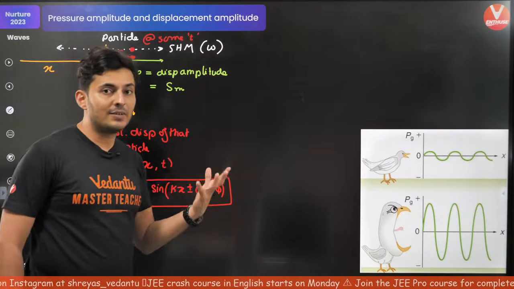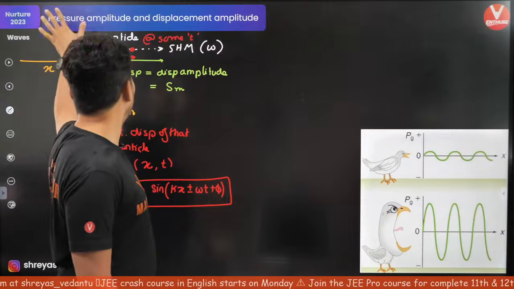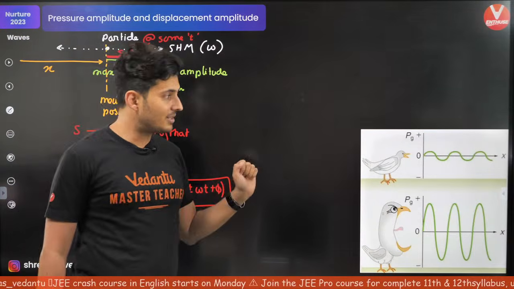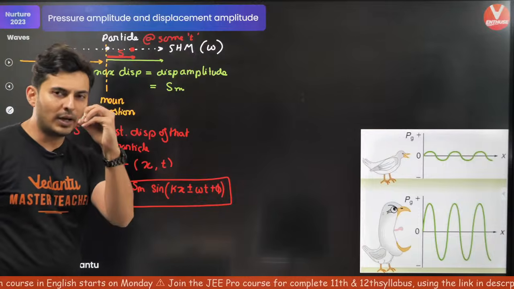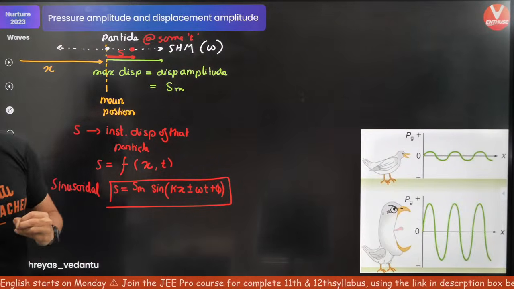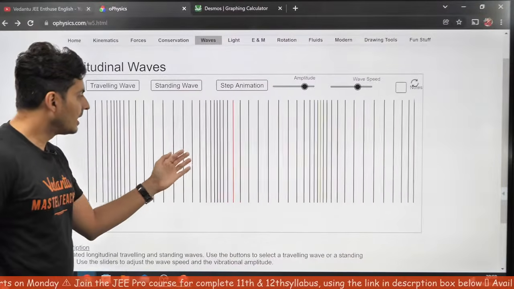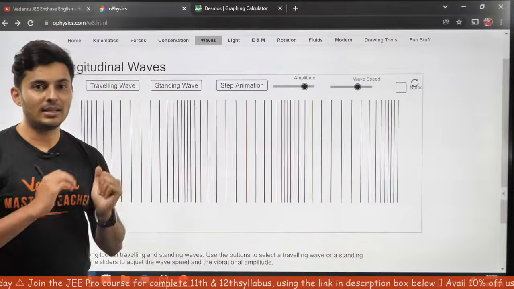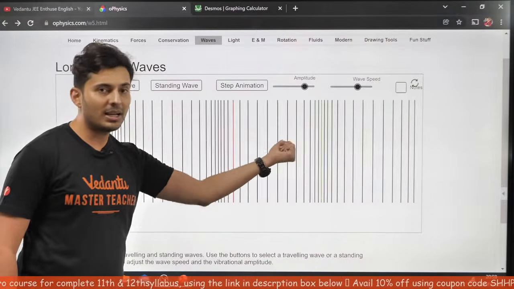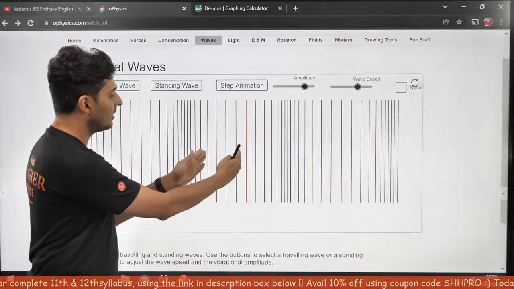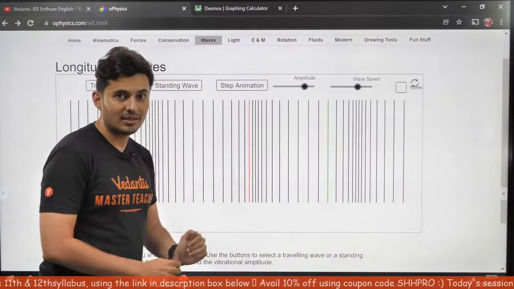One more thing that we need to talk about when we are talking about longitudinal waves, sound, is pressure. Very important thing. Observe this simulation. Look at the spacing between the lines. You can see the spacing is less here, that's a compression. The spacing is more here, that's a rarefaction.